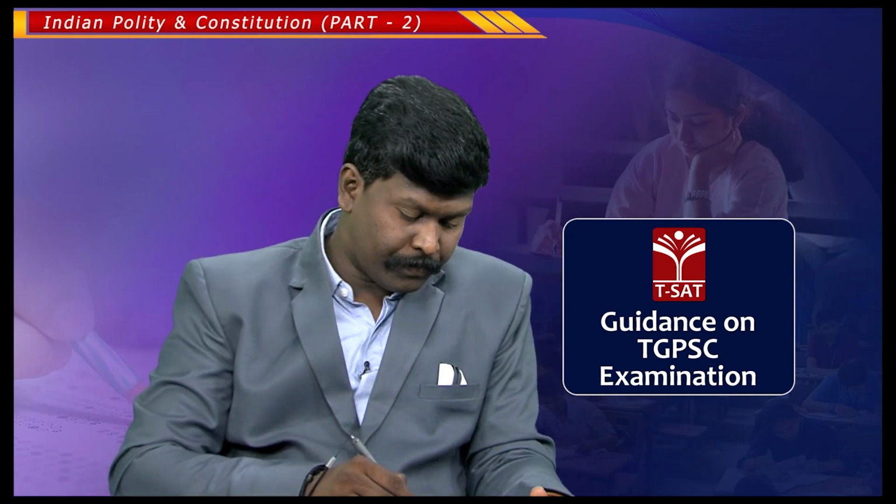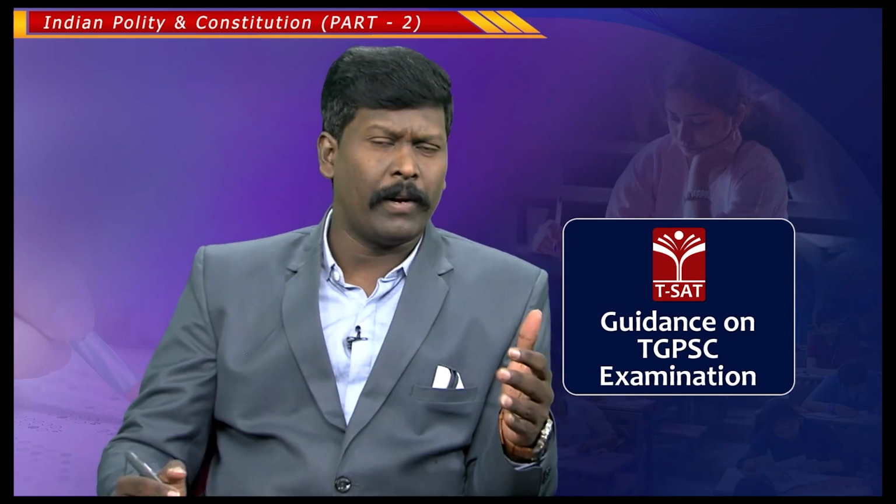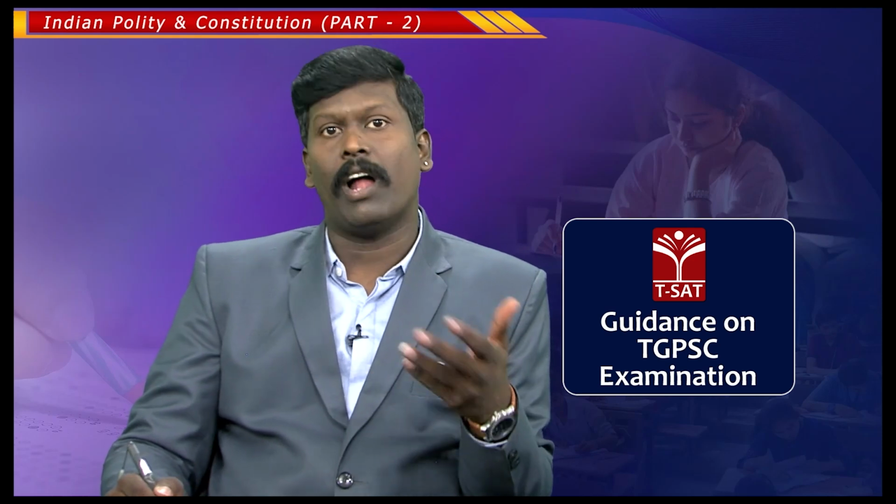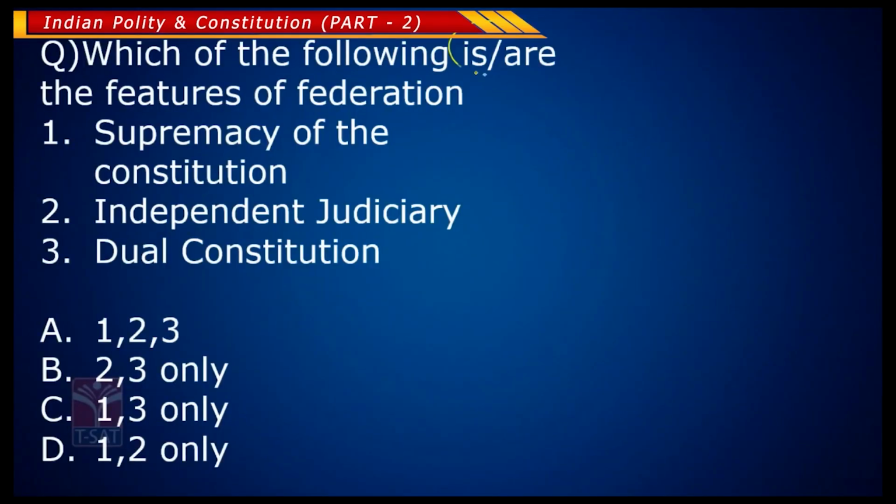Next question. As we have just completed a question, now let's look into another question. Which of the following is or are the features of the federation? See, not just about India, but there are two types of countries in the world. The first one is the federal nations.